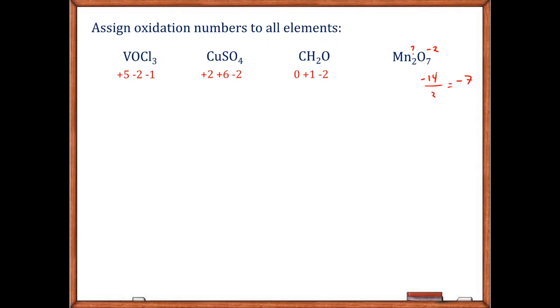So that means each manganese has to be +7, for a total of 14. And just to check ourselves, we can say +7 times 2, which gives me +14, and then I have -14, which would be 0. So at least it's balanced, even if I'm not right. Let's check our answer. So +7 and -2, just what we thought.